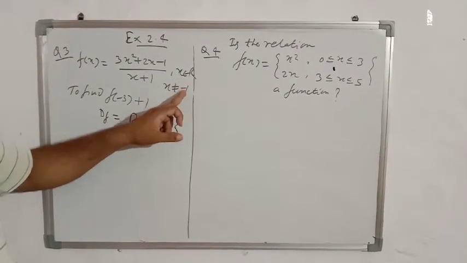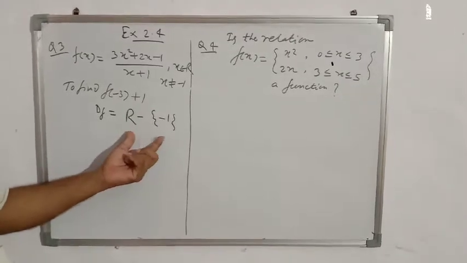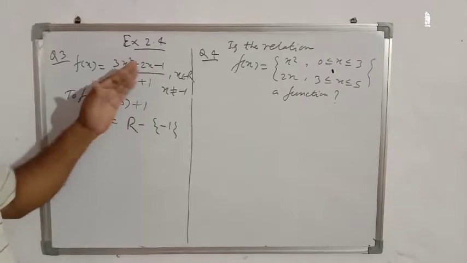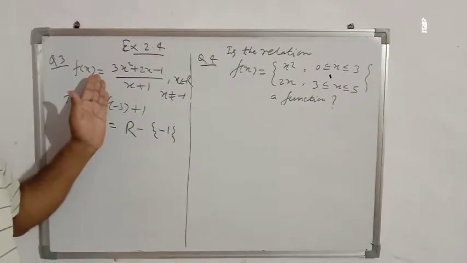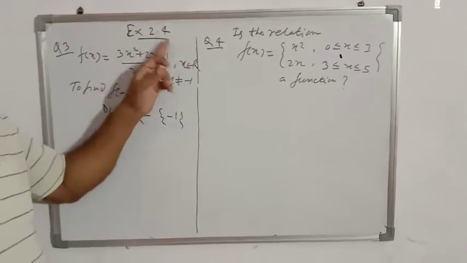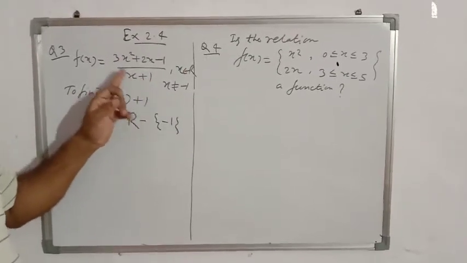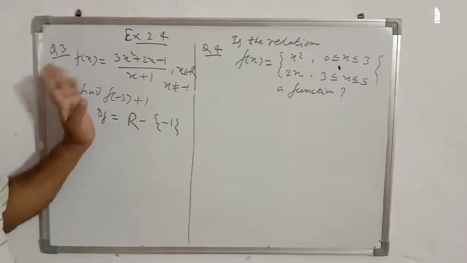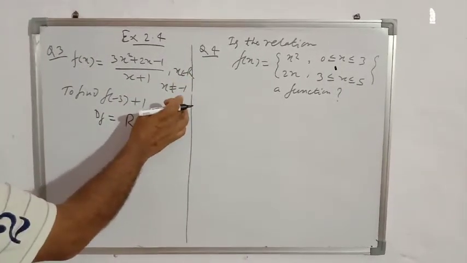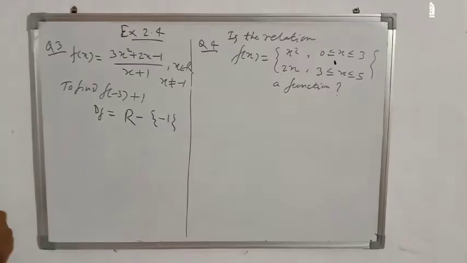This is the domain of the function. Domain of the function means for what values of x f(x) is defined. The function is defined for all the real numbers except -1. So we can write the domain like this.